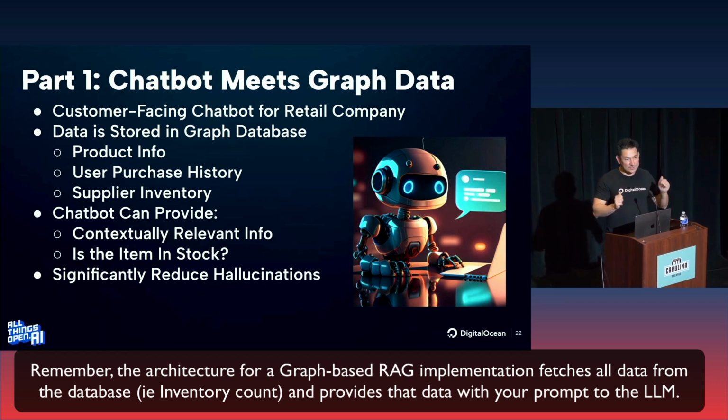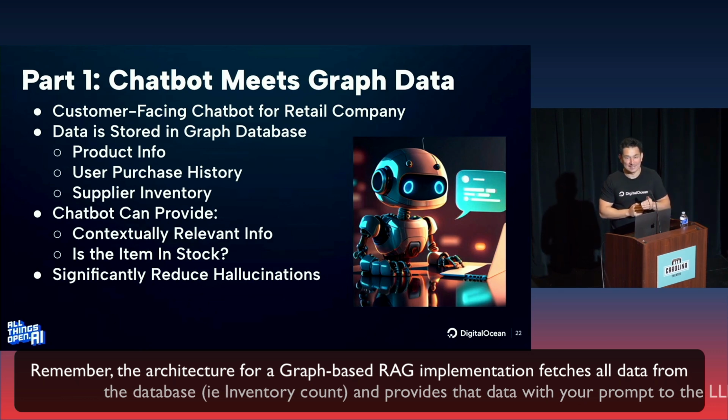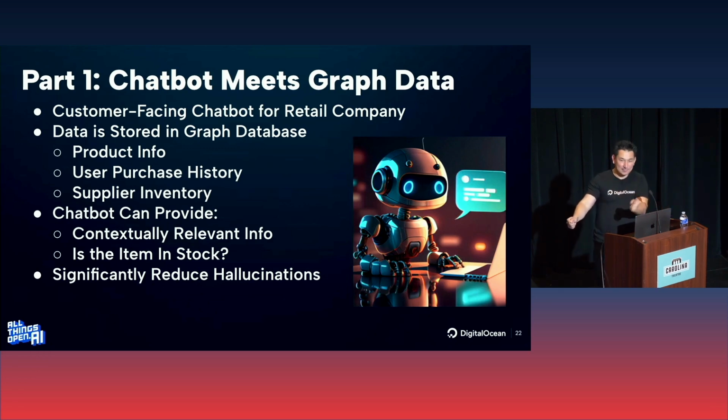And because you're grabbing that information and providing it to the LLM, it's very difficult for the LLM to screw up, because it's literally being told, we have 10 of these items in stock. Take that piece of information plus the question, and you should get an answer of, we have X number of items in stock. Again, this significantly reduces hallucinations in the answers from your LLM and your RAG agent.